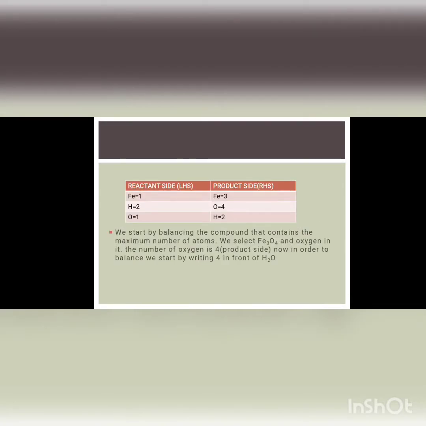Now we will start by balancing the compound that contains the maximum number of atoms. Here we have selected oxygen because it is 4 and it is on the product side. Now for this we need to balance it by placing a 4 in front of H2O.